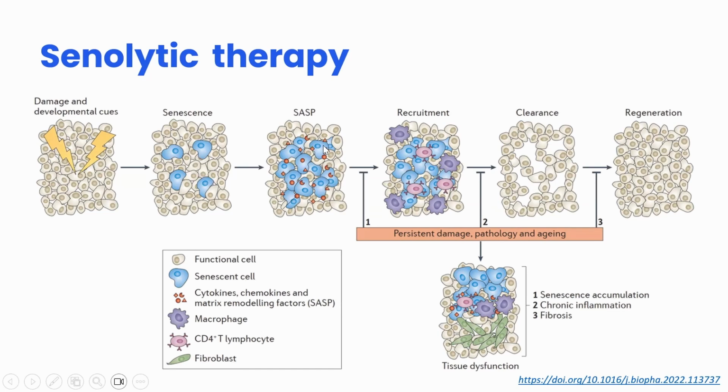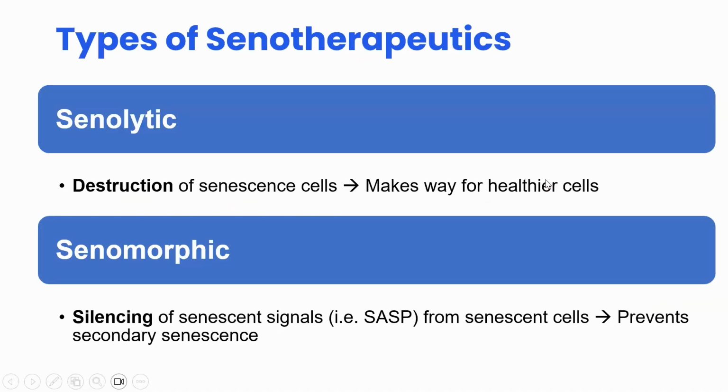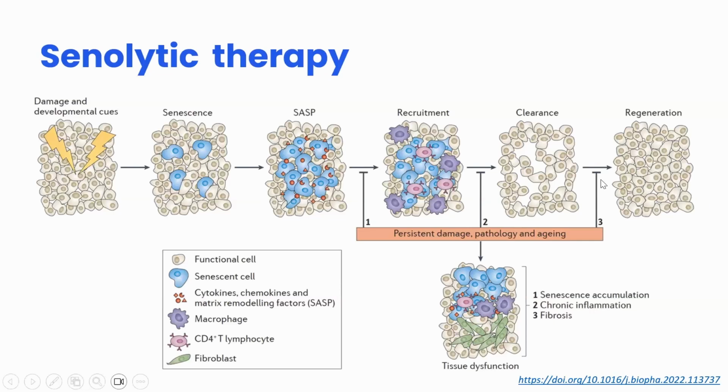So senolytic therapy aims to kill off all senescent cells, to clear them from the tissue. And at the end, the tissue looks a little bit like this. But that's fine because these cells have regenerative capacity. Healthy cells can divide. And eventually the cells regenerate and the tissue is saved.